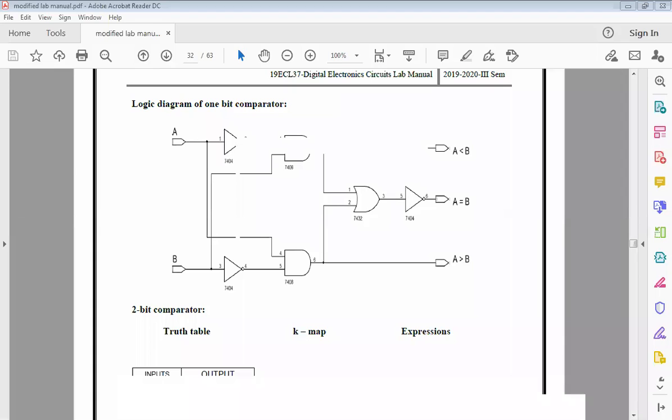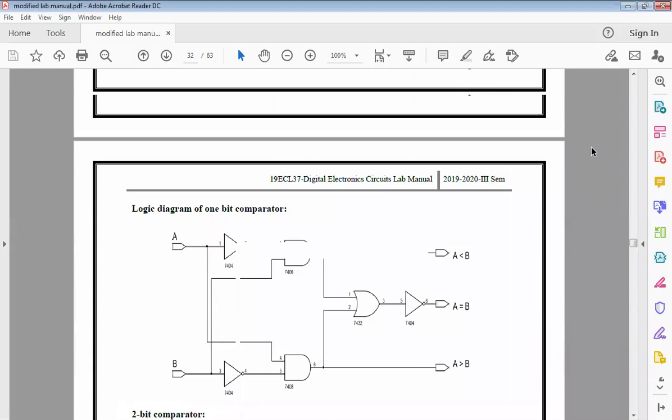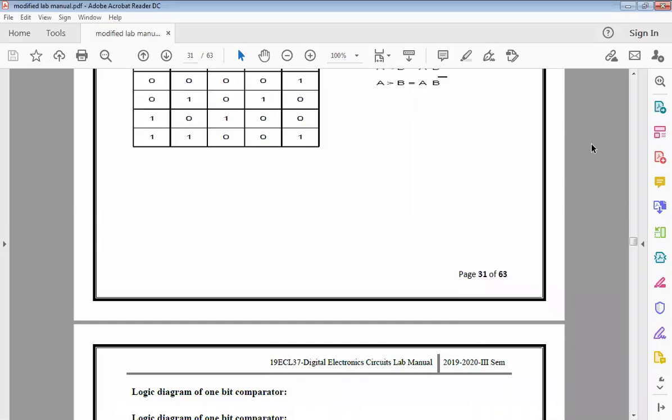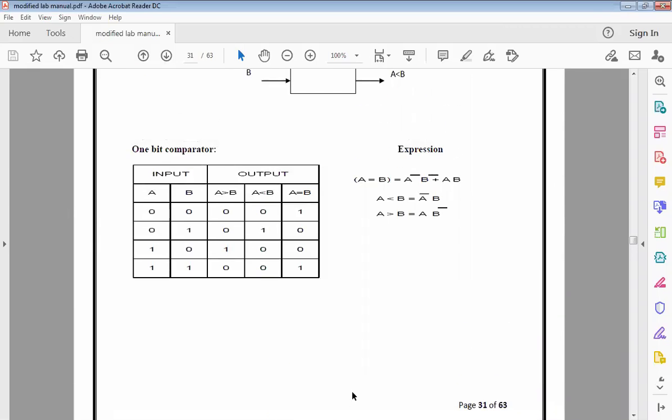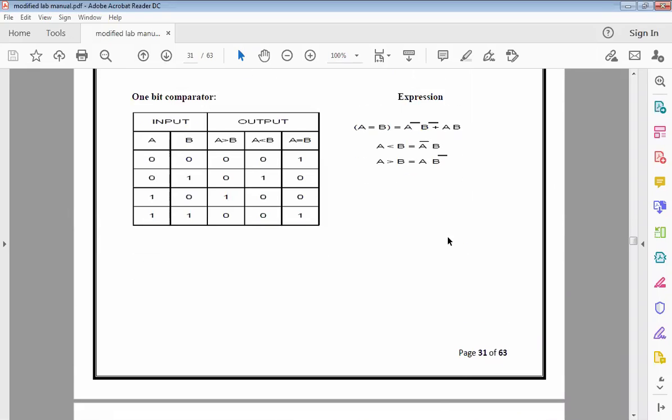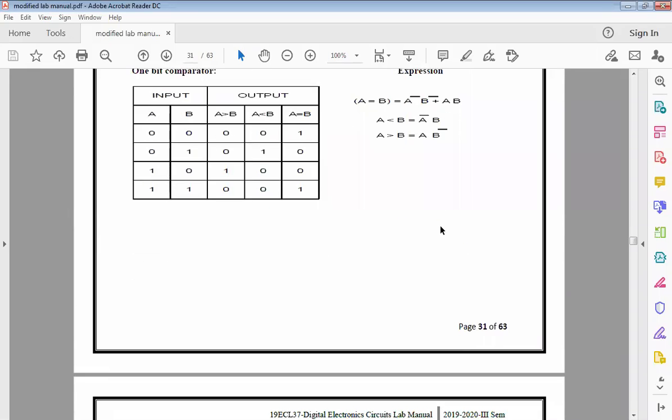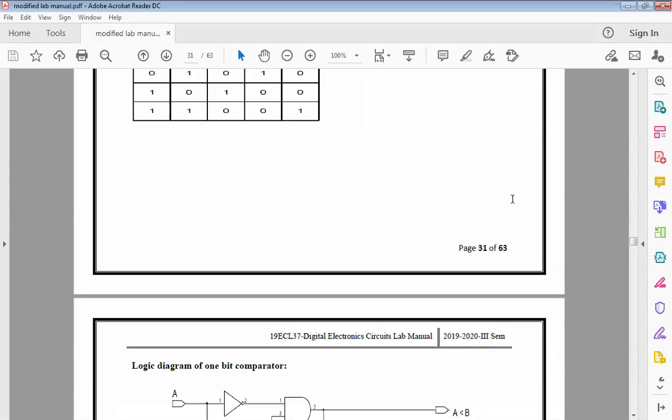We will continue our discussion with regards to the expressions. Similarly, now you can see that for A is less than B, you have A bar B. So which means you will need an inverter and an AND gate together, right?